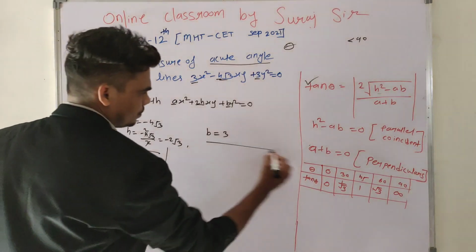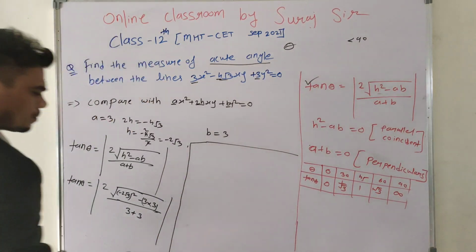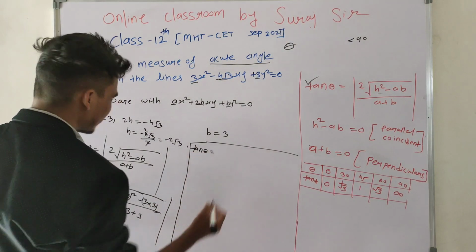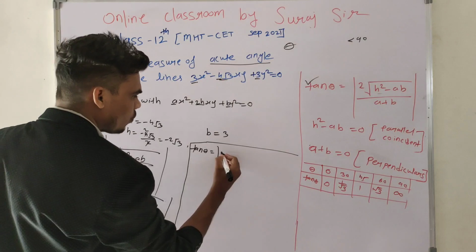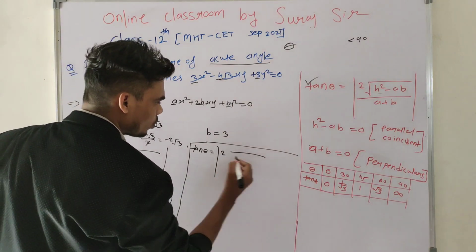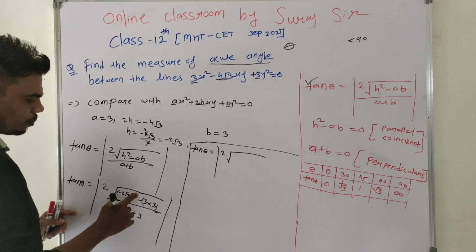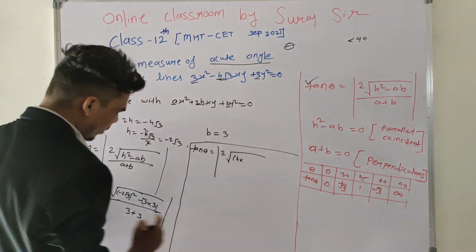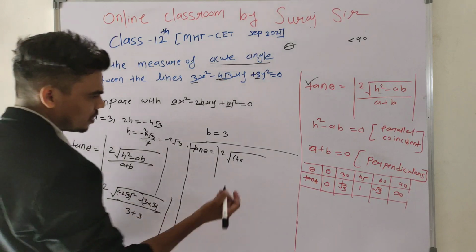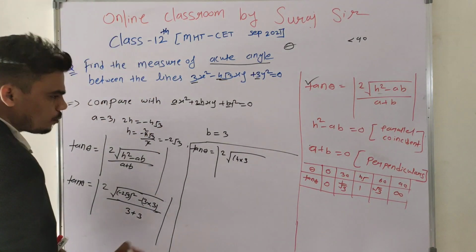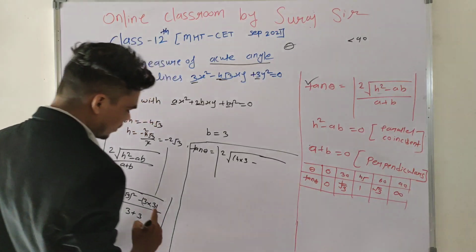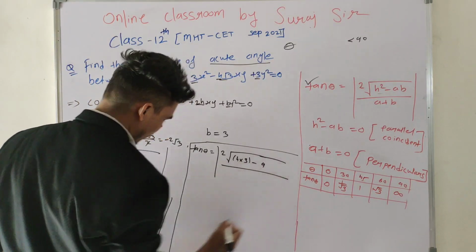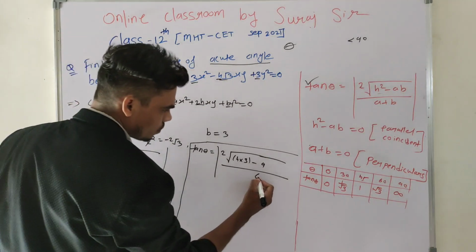Next, tan theta is equal to mod of 2 root of minus 2 root 3 whole square, minus 3 into 3, 3 threes are 9, divided by 3 plus 3, 6.